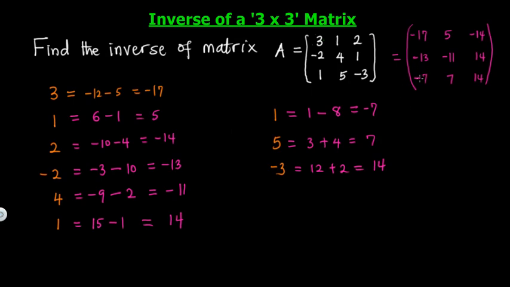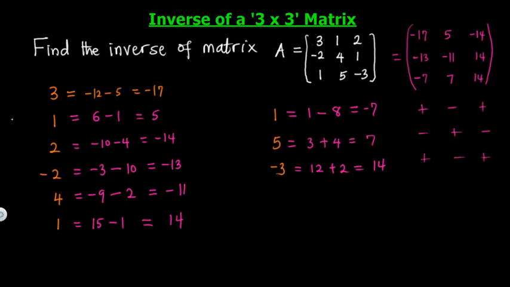Now to get the real one, we have to multiply it by the cofactor sign. You know the sign: plus, minus, plus, minus, plus, minus, plus, minus, plus.